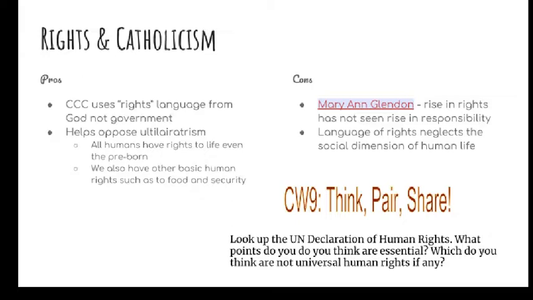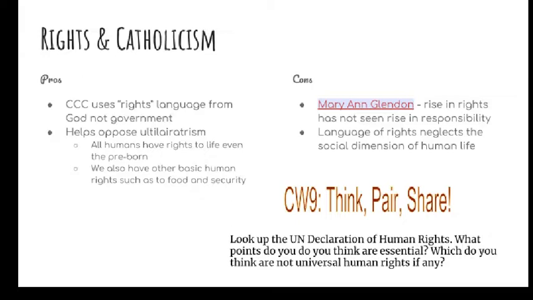Some of the issues pointed out in the book involve Mary Ann Glendon. This is a hyperlink here. I have a video of her talking about the United Nations Declaration of Human Rights. She was the United States representative to the Holy See, I believe.